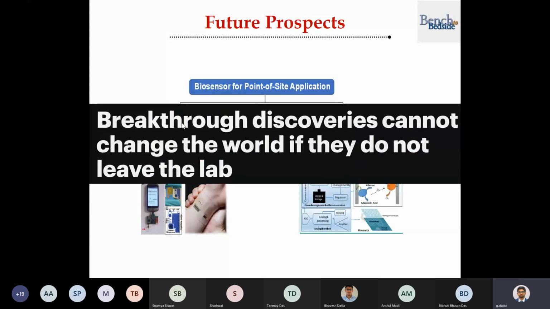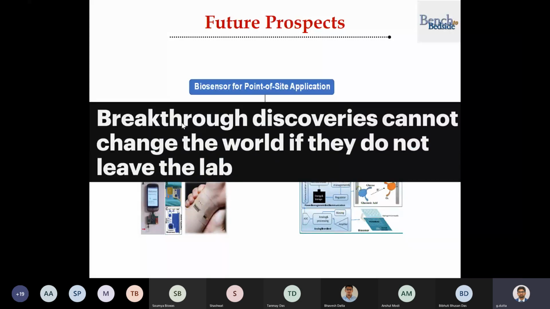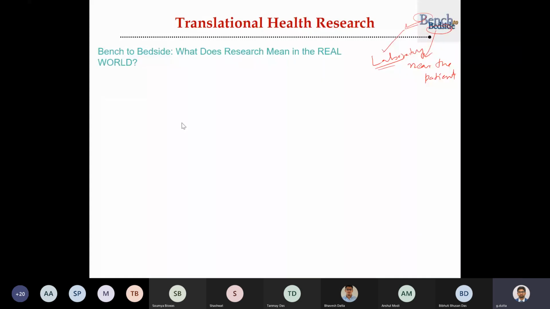Our final goal, whatever we are doing in the lab, should be useful for common people, for the patient. You cannot only store your idea in the lab; bring it to the market, bring it to the industry. This is the principle we are following in translational health research.